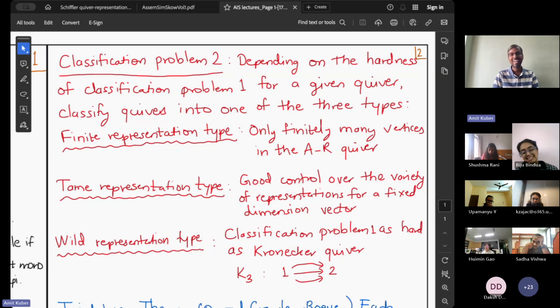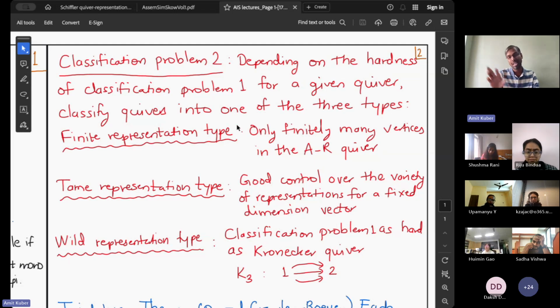So they are either finite, and finite is not related to animals, but tame and wild are. And the tame class is further subdivided into domestic and non-domestic. So all the zoology terminology is being used here. This depends on the hardness or complexity of the classification problem. We had to classify quivers into one of these types.